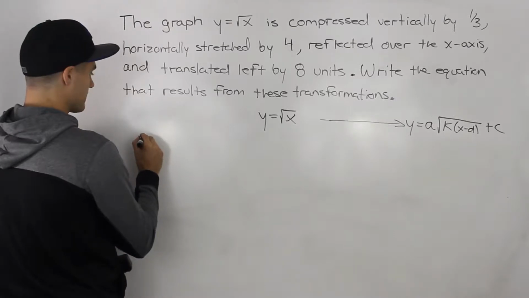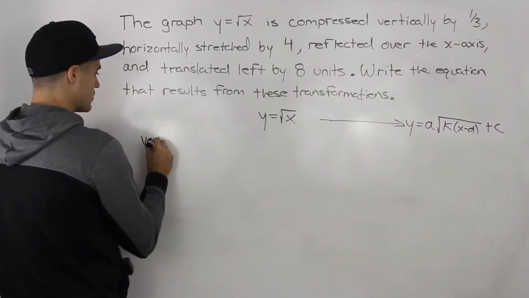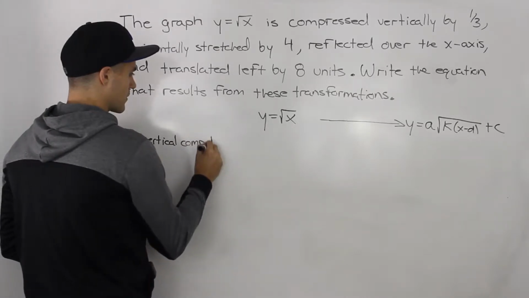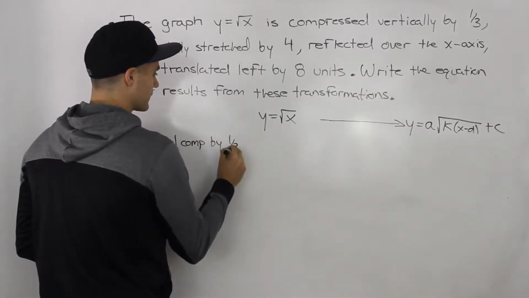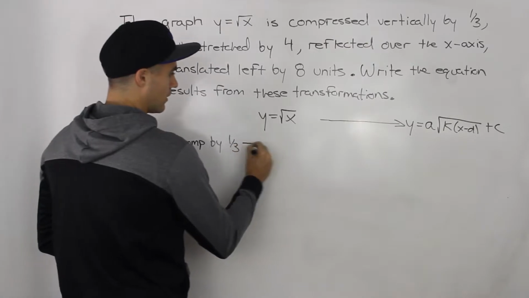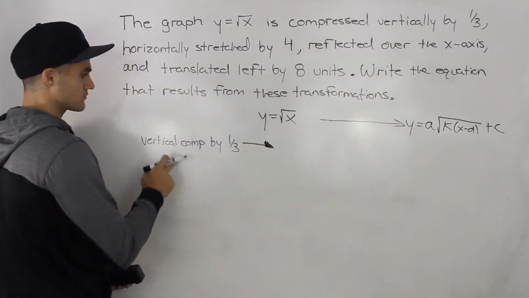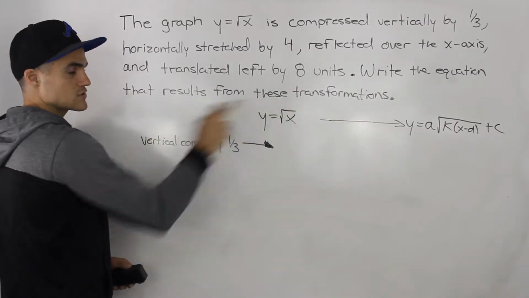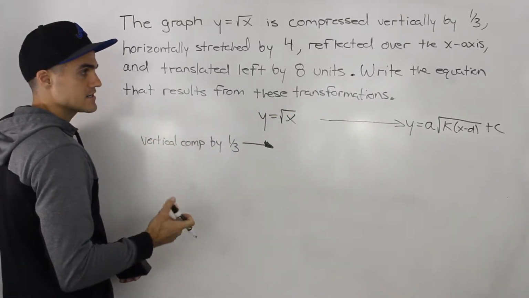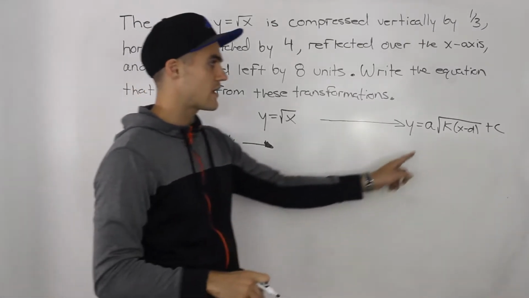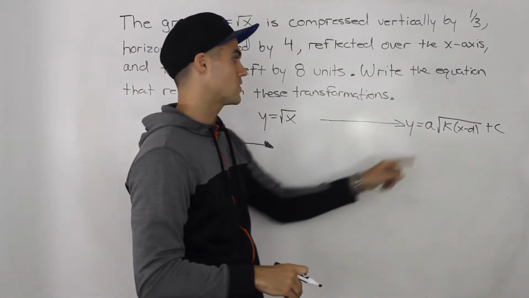So the first one is a vertical compression by 1 over 3. Which transformation value is that going to affect, the a, k, d, or c? Well, vertical compressions and vertical stretches always affect the a value, as we know.